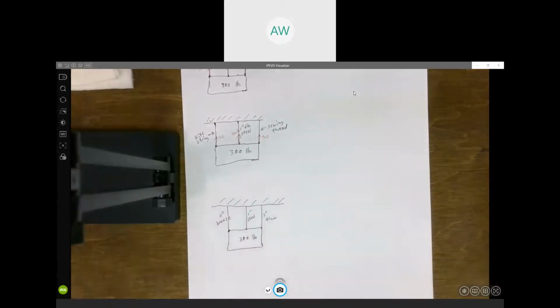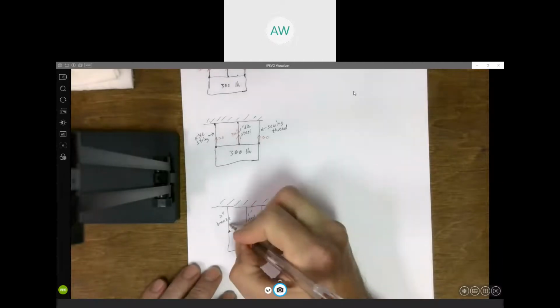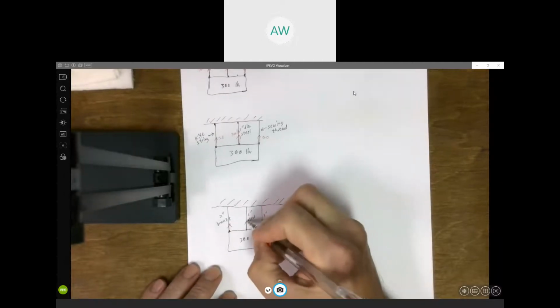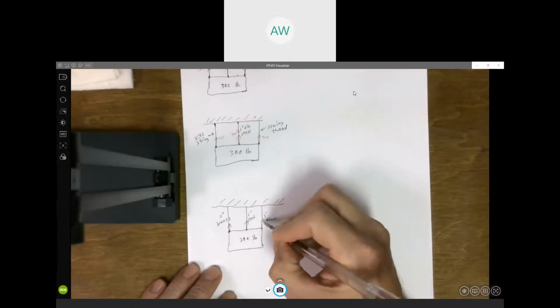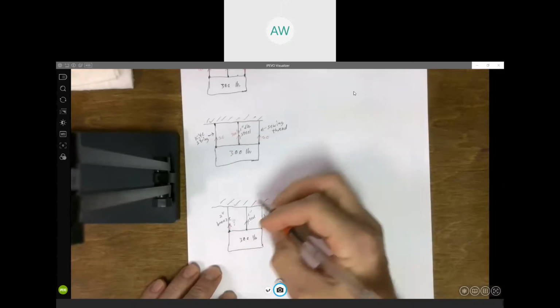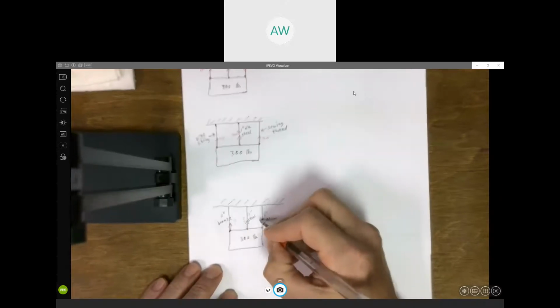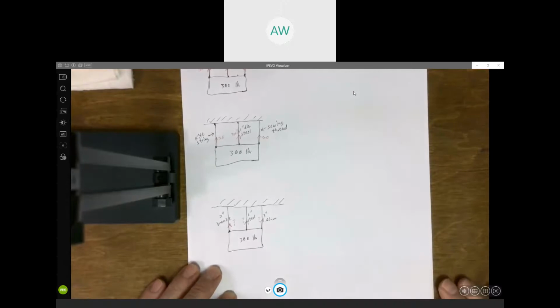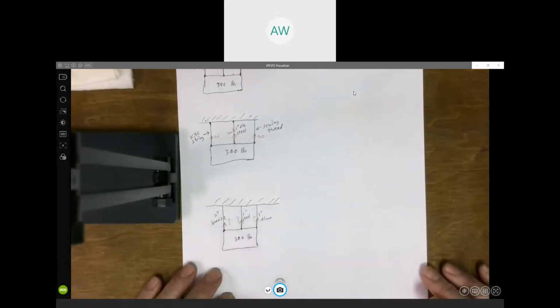Now, here's where our common sense and intuition is not good enough anymore. The force in these, we can't just look at and tell. The steel is stronger than aluminum and the bronze, so that would tell you it's probably going to carry more load.